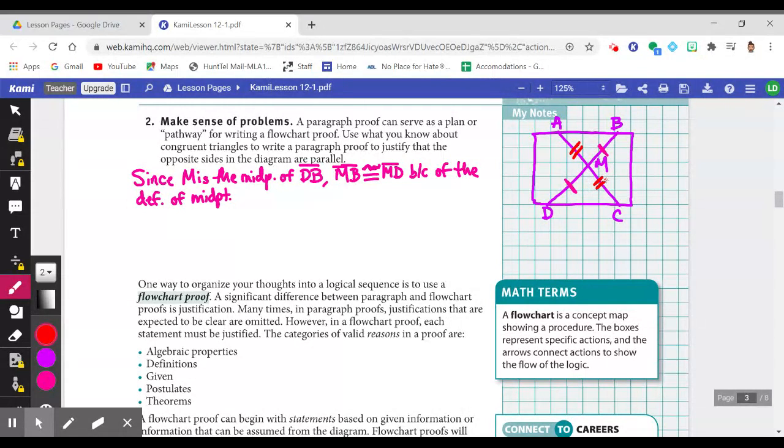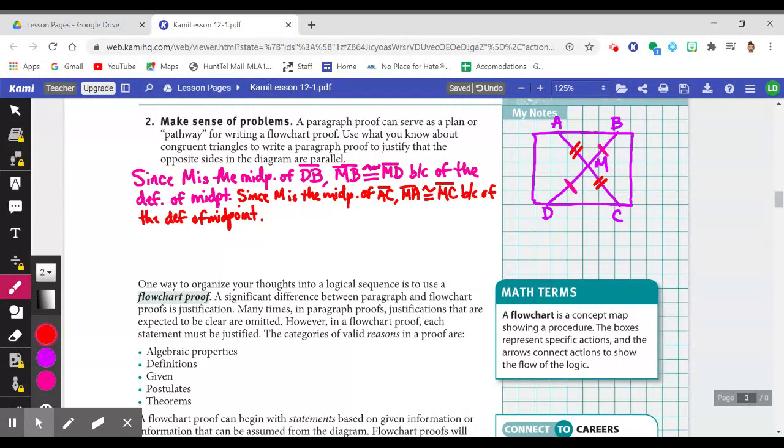So we'll say something very similar: since M is the midpoint of AC, MA is congruent to MC because of the definition of midpoint. Remember, after every time we make a statement, there has to be a reason. So in a paragraph proof, we spell it out. Once we make the statement that MA is congruent to MC, we need a reason. That's because that's the definition of midpoint.